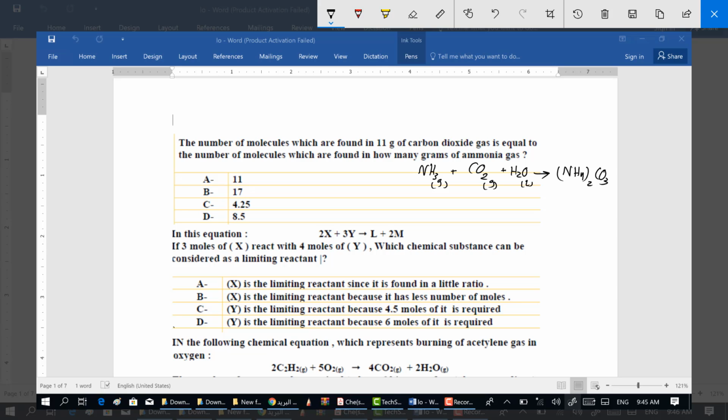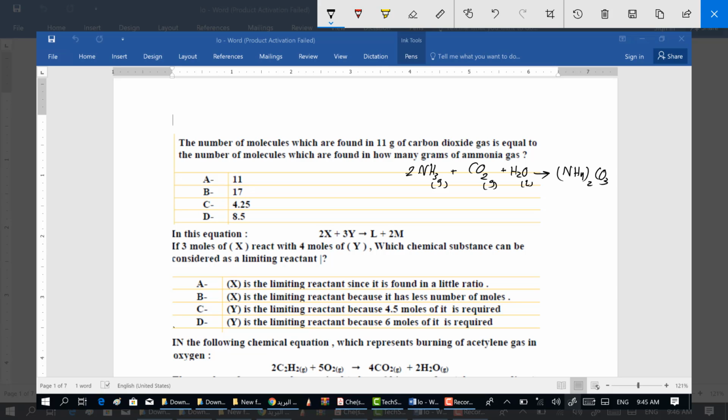From balancing the equation, we find 2N and 2N. 2 multiply 3, 6 plus 2, 8. 2 multiply 4, 8. 1 carbon and 1 carbon, 3 oxygen, 2 oxygen, 1 oxygen equals 3.